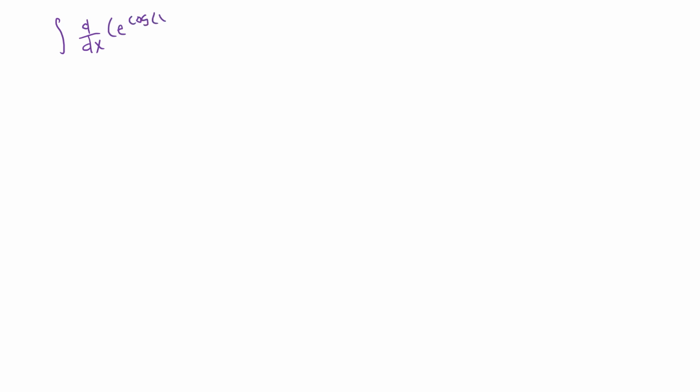The integral of e to the cosine x times y dx equals the integral of e to the cosine x times 2 sine x dx. So when I insert my u substitution, the left side will simplify to e to the cosine x times y.